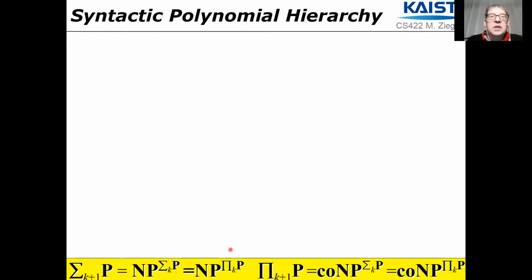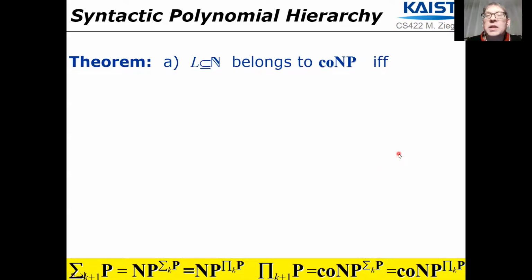Okay, that was our semantic conception of the polynomial hierarchy, because it revolved around, or was based on, oracle while programs. Now the syntactic perspective is the one using quantifiers, like NP was syntactically defined with this existential quantifier over witnesses.